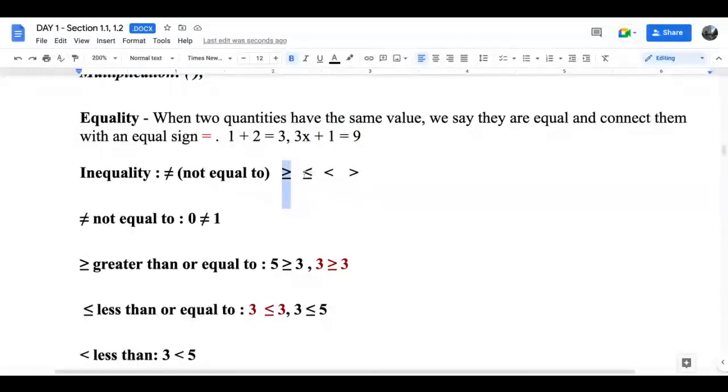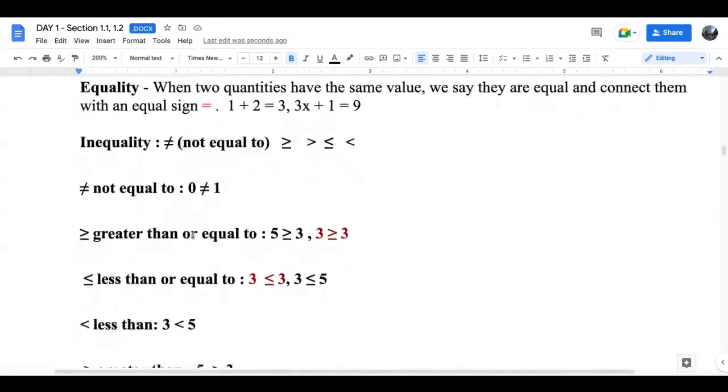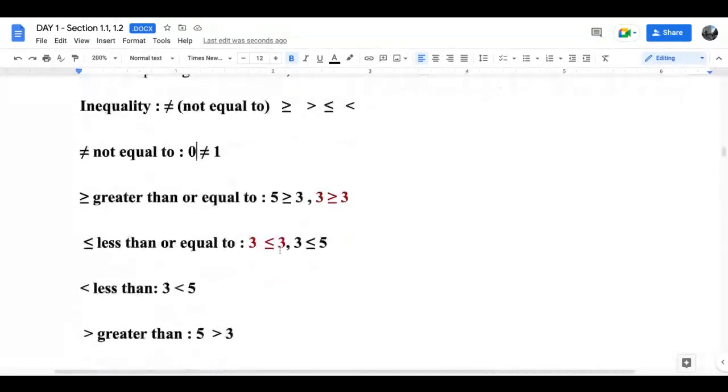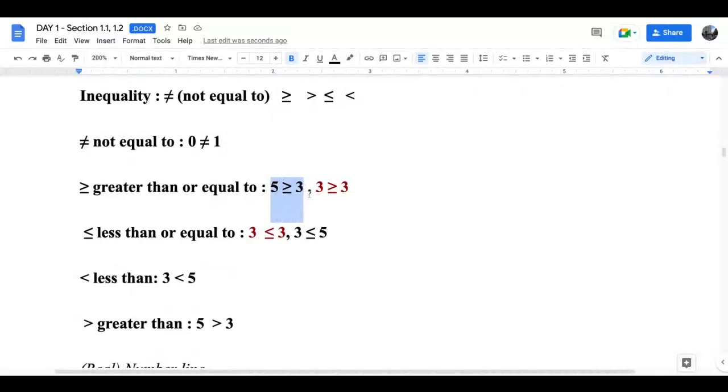Greater than or equal to, less than or equal to, less than, greater than, and so on and so forth. Or not equal to. Examples: 0 not equal to 1. 5 greater than or equal to 3. 3 greater than or equal to 3.